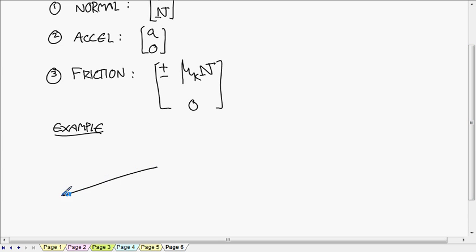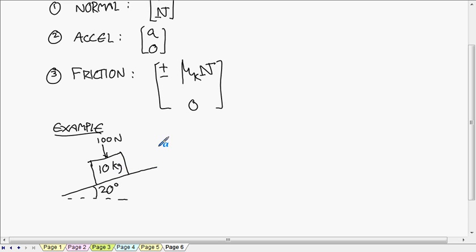So let's say that we have an incline of 20 degrees. And a box is on this incline with a force pushing it into the incline of 100 newtons. Let's say that the mass is 10 kilograms.